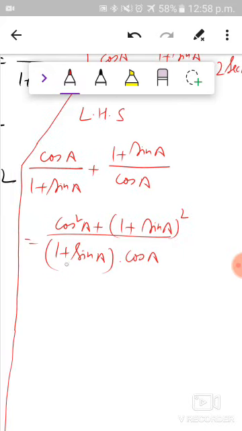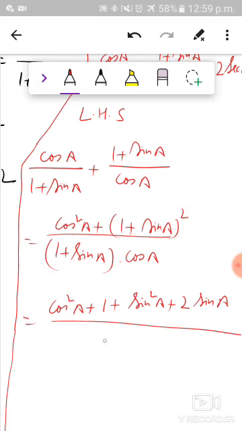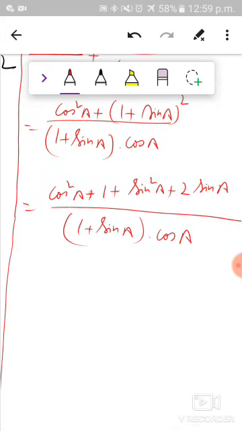So then cos² A as it is plus (1 plus sin A) whole square, (a plus b) whole square is a² plus b² plus 2ab, that is 2 into 1 into sin A, that is 2 sin A, by (1 plus sin A) multiplied by cos A. So here you can see cos² A plus sin² A is what? That is 1.